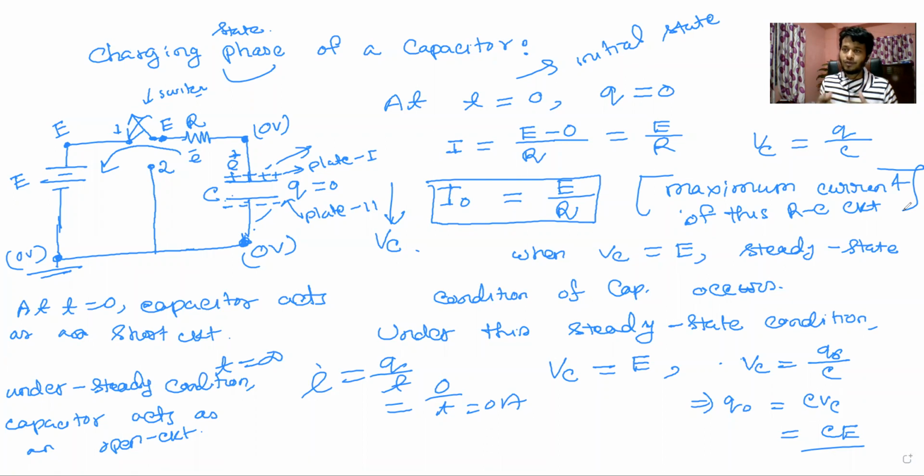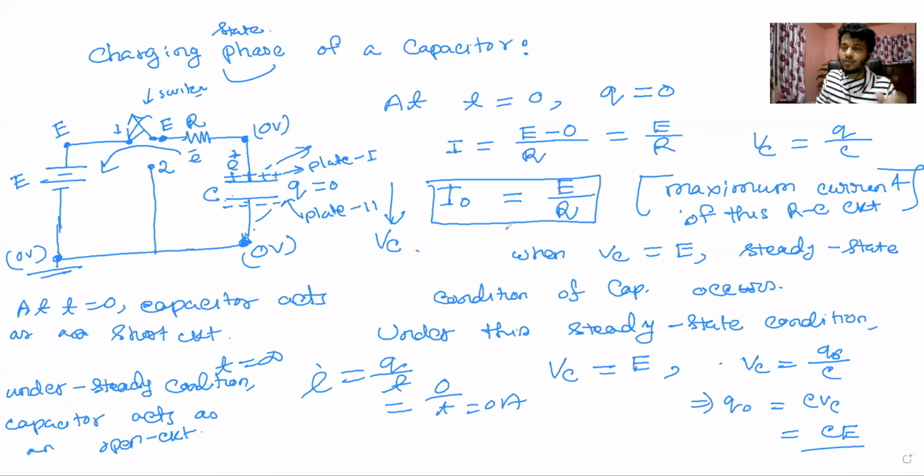So we have studied two states of the charging phase of a capacitor. One is the initial state, another one is the steady state condition. But what would happen in between the initial state and steady state?